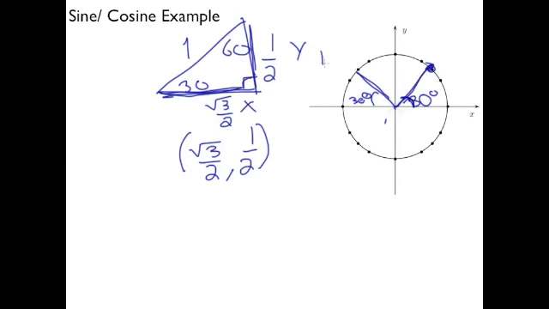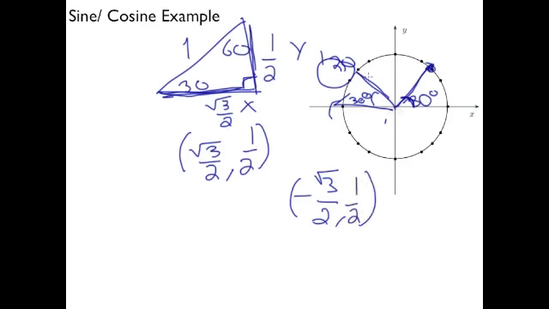So this value here would be 120 degrees. This must be the same. No, no, no. This time it's going this way. So here at 120, it needs to be negative square root 3 over 2 and 1/2.